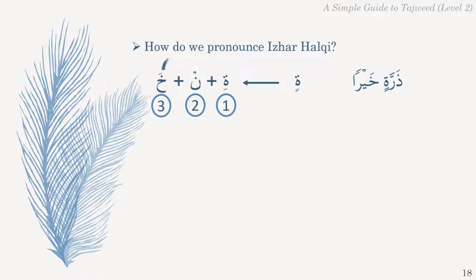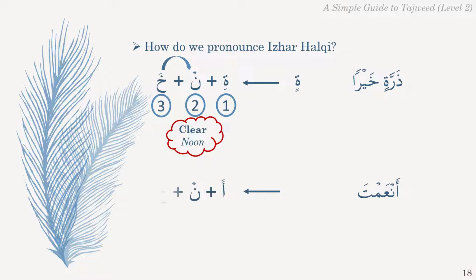When we check the effect of the following letter on Tanween, we find that letter Kha will cause Noon Saakinah of Tanween to be pronounced clearly, and then we pronounce letter Kha with Fatha. So we pronounce it as ذرة خيرا.